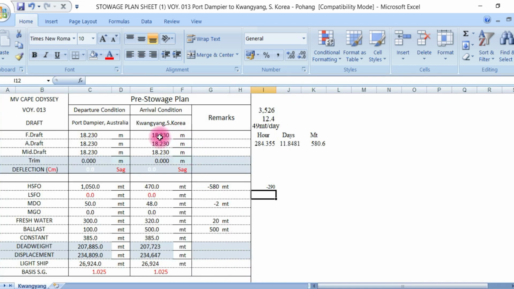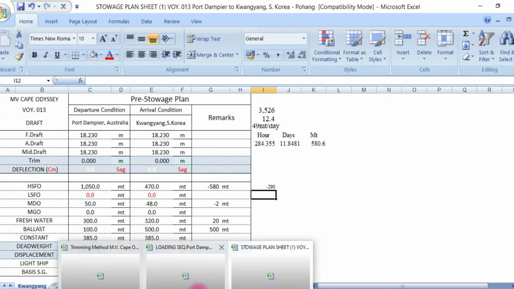So he got his target correct. Forward 18.23, up 18.23, mid is 18.23. You have the 0 trim, and he got the exact arrival.